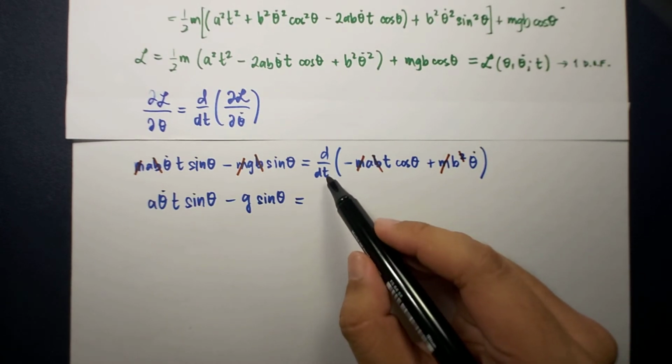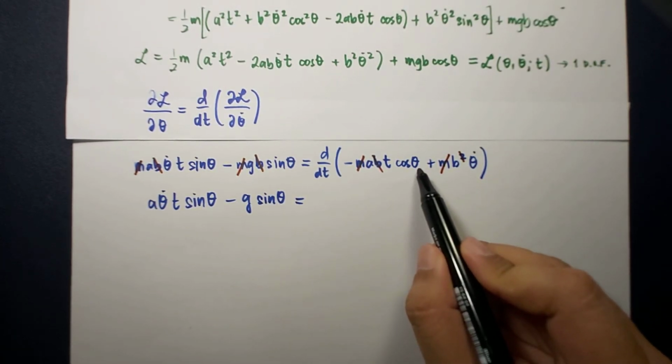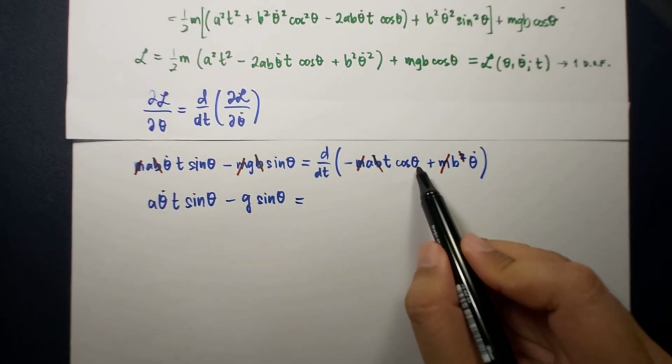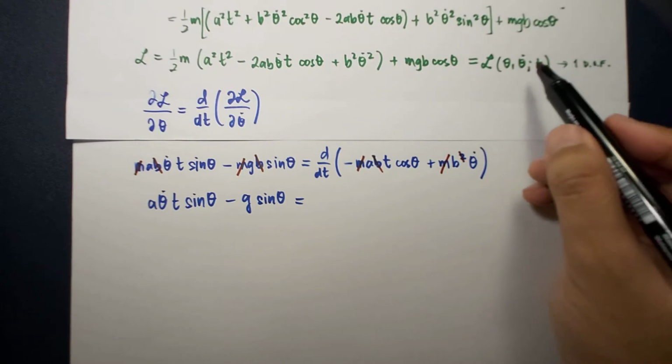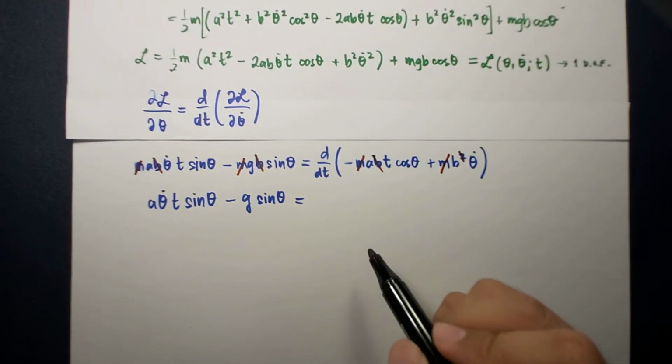the derivative of this with respect to time, because theta is a function of time, so this is t and cosine theta. Okay, so we use the product rule and then the chain rule.